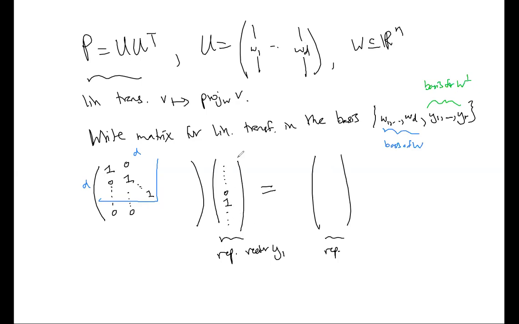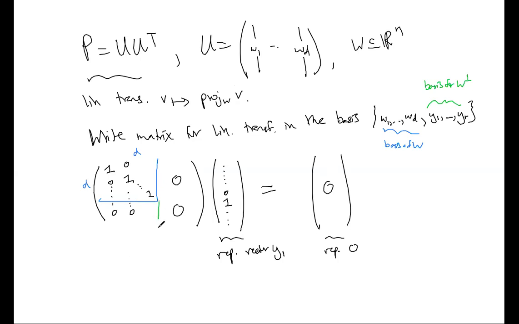If we were to plug that into our projection, then what do we get? The projection of Y1 onto W, but Y1's in W perp. So when you project onto W, you should get 0. Exactly, and the rest of the entries? You should get exactly 0. So everything here is 0. Everything is 0, exactly.